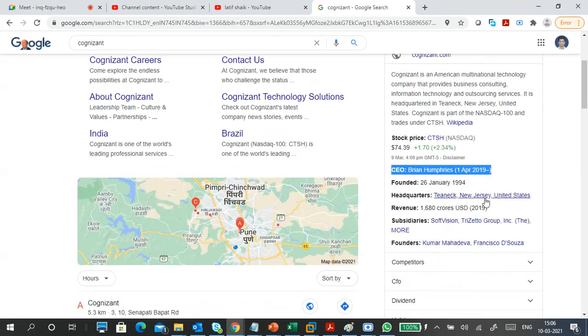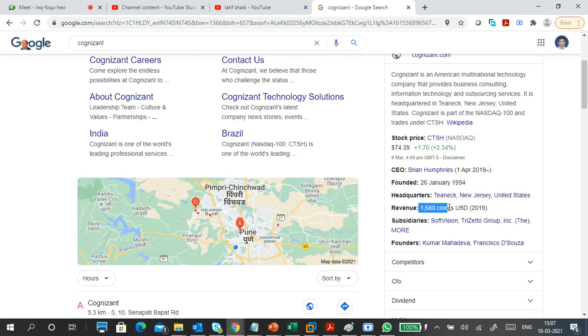Headquarters in Teaneck, New Jersey. 2019 revenue is 1680 crores in USD, that means 1.6 billion. 1 billion means 100 crores, guys. That is also a question. In an interview they can ask anything; you can't expect what they will ask. 1 million means 10 lakhs.